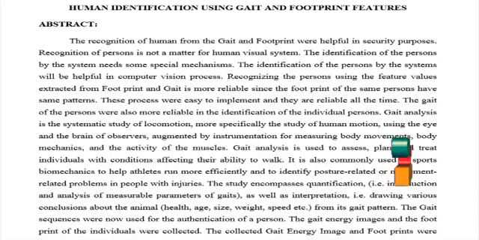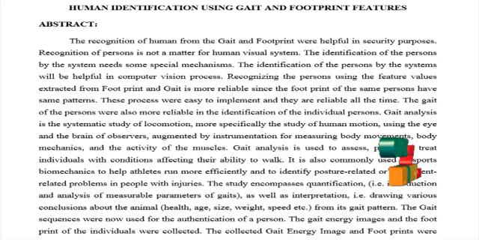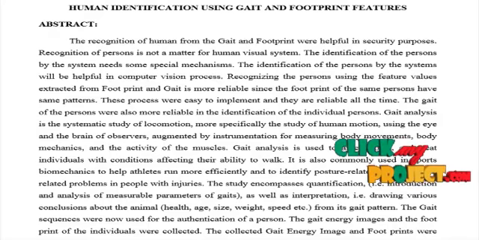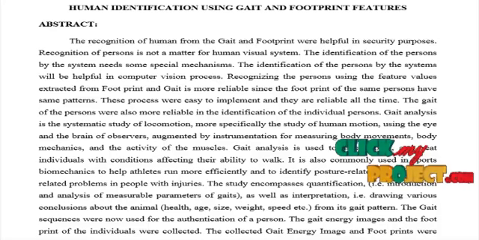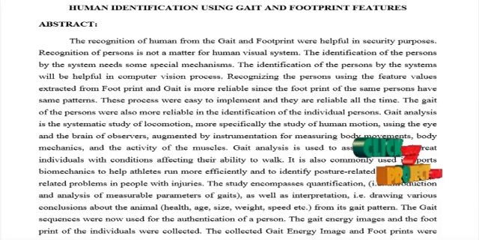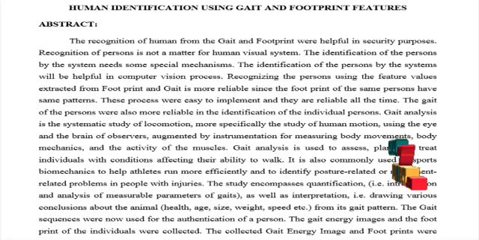Gait recognition is the systematic study of locomotion, more specifically the study of human motion using the eye and the brain of the observers, augmented by instrumentation for measuring body movements, body mechanics, and the activity of the muscles. Gait analysis is used to assess, plan, and treat individuals with conditions affecting their ability to walk.